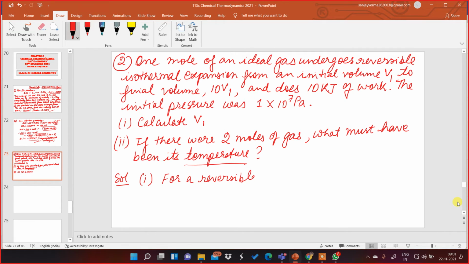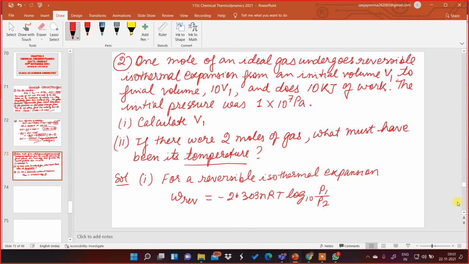for a reversible isothermal expansion, the formula which we had discussed in this chapter, W reversible, I told to remember the formulas only, not the derivation part, is minus 2.303 nRT, okay, log to the base 10 P1 by P2.